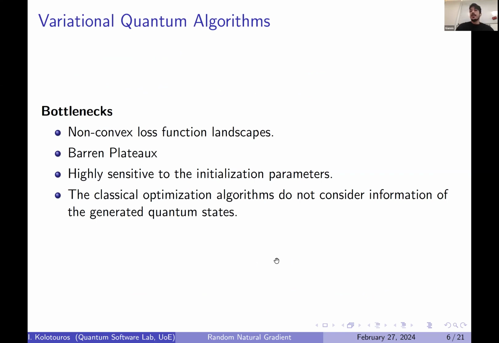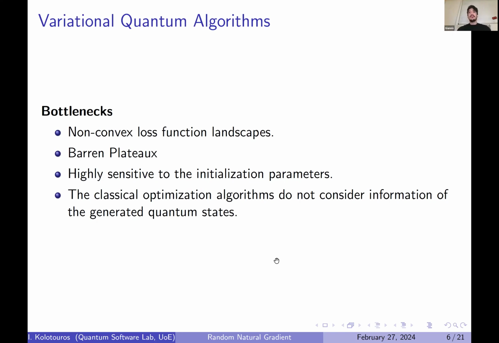Sometimes you will have good convergence, sometimes bad convergence. On top of that, you have the barren plateau problem, which means that as the number of parameters and the number of qubits increase, and you start at random, it's highly likely that you will fall in a plateau, which means that the gradient of the loss function goes exponentially to 0.